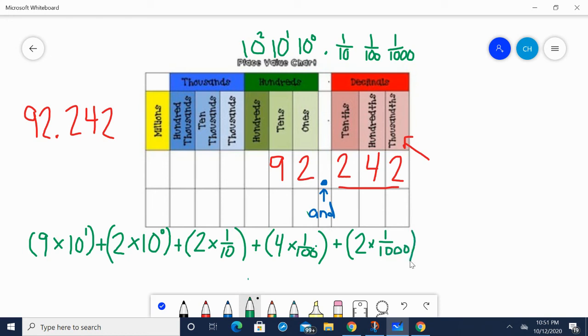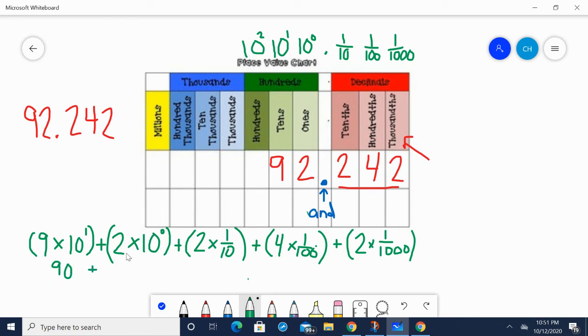Now we're going to break that down even more, so we can get back to, also we're kind of checking our work to make sure we separated our expanded form in the correct way. So I have 9 times 10 to the first power is equal to what? 90.